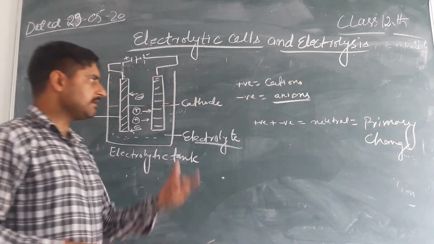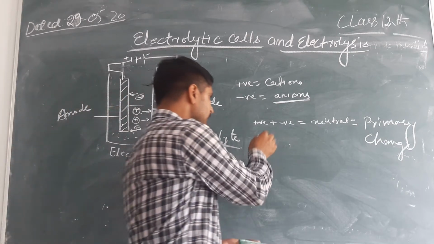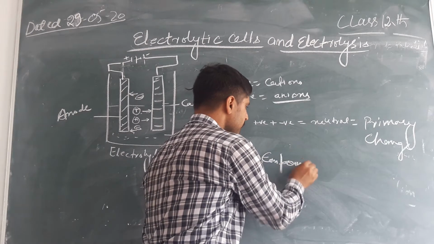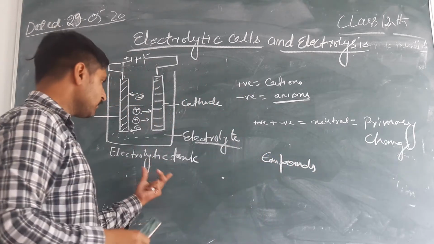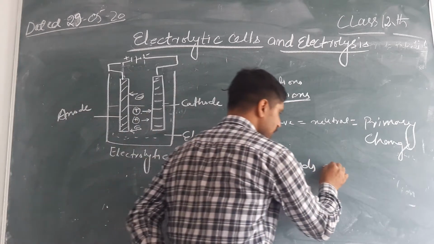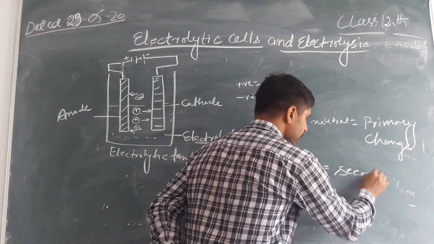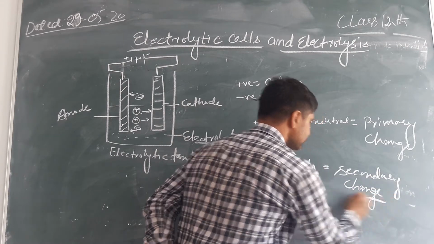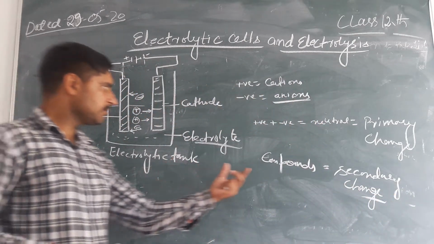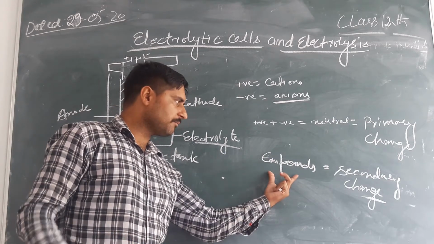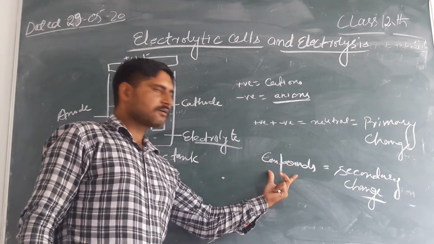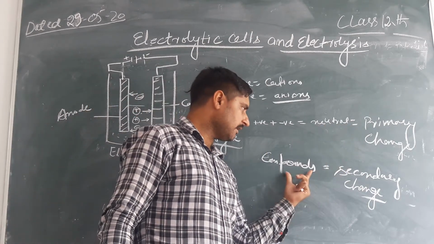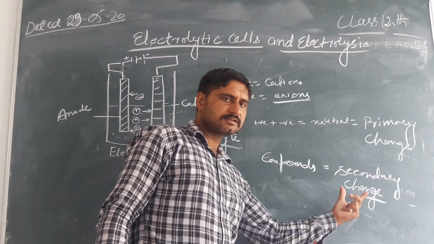When this primary change brings about the formation of compounds in the electrolytic tank, the process is called secondary change. It means whenever there is a formation of a compound besides the neutral molecule, it is a secondary change.